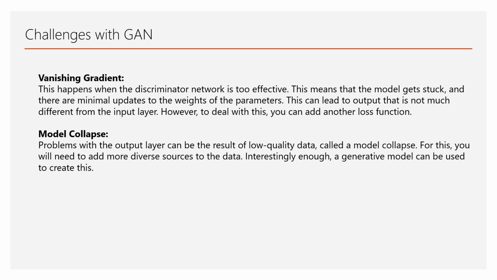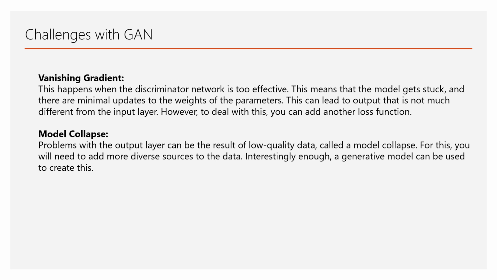The solution for overcoming vanishing gradient in GAN is using an appropriate loss function. We've seen some of the loss functions, and we'll see in future sessions what loss functions can be used in different scenarios. Then we have model collapse.